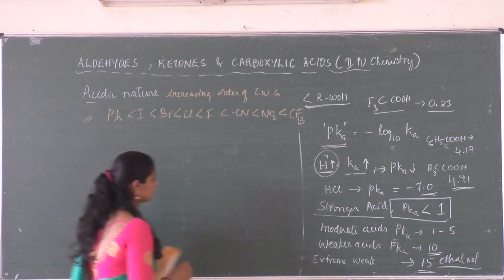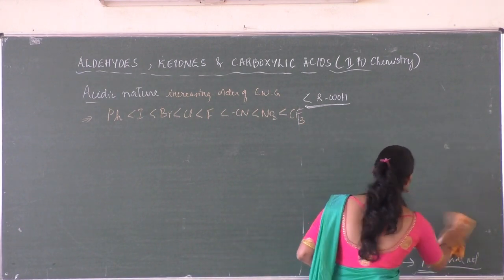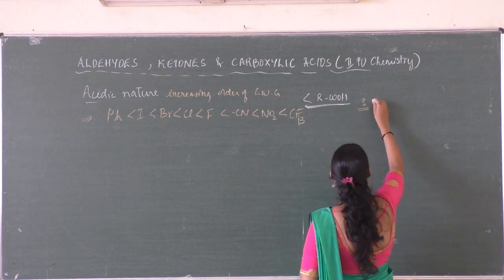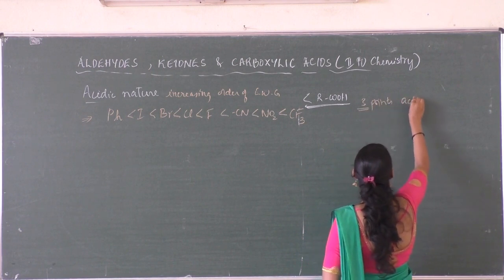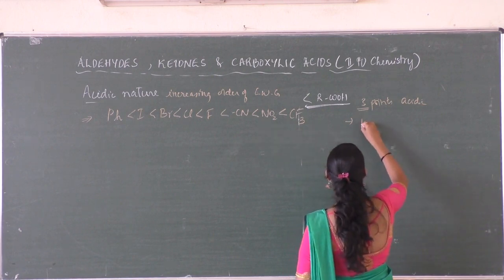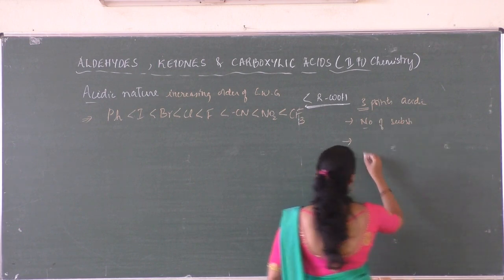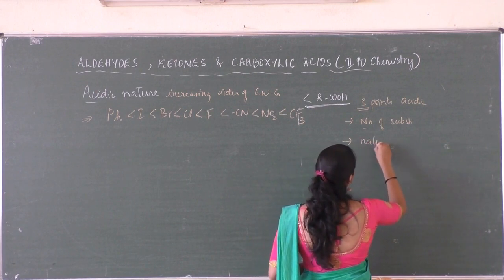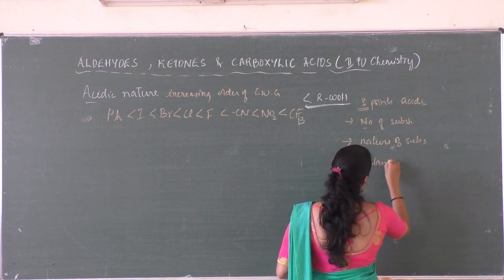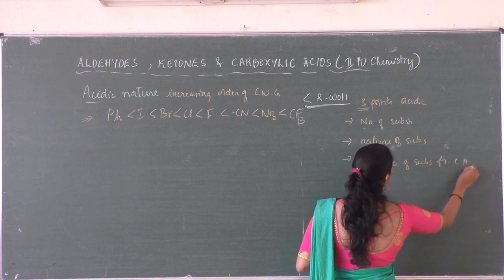So the 3 things which affect the acidic character are: one is the nature of the substituent groups, number of substituent groups, and then the distance of substituent groups from the carboxylic acid group.